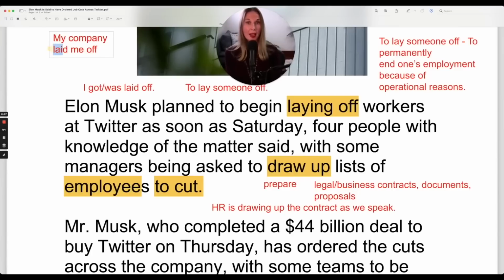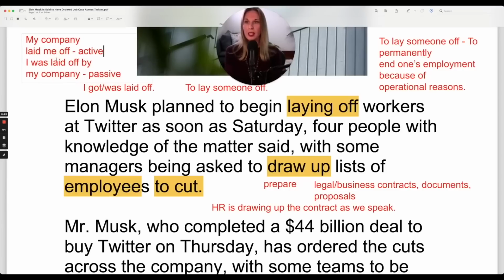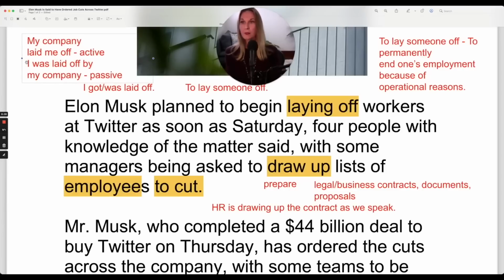This is the past simple of the verb lay. This is the active. And the passive is I was laid off by my company. Passive. So you're receiving the action, which is why it's very common to use this in the passive form.